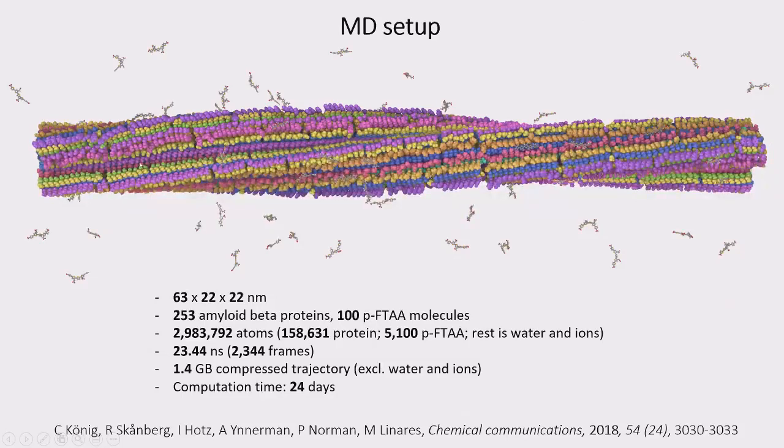We get 253 units that repeat each other. In our box, we put this assembly of protein, 100 molecules, and we put water, of course, because all of this happens in the brain, which is mainly water, like our body. At the end, we get a box of roughly 3 million atoms.